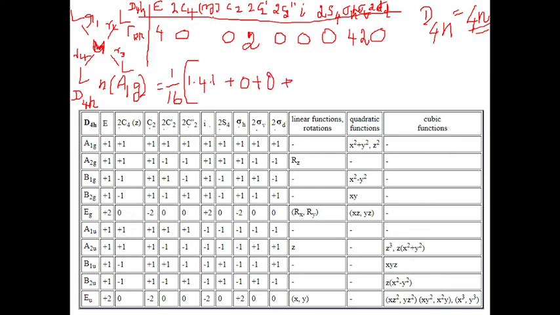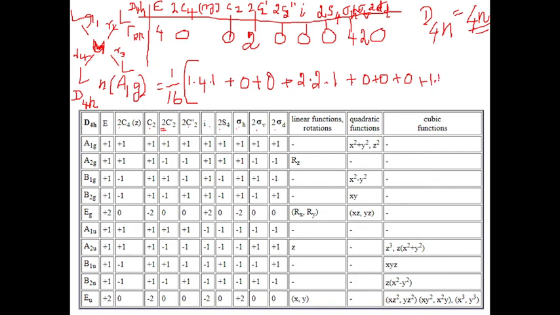Now for C2 prime, I am having 2. So 2 into C2 prime, I am having a character as 2. So 2 into here the character is 1, plus again 3 more zeros I am having. So no worry, it's much easier. Now I am having 4 for sigma h. So sigma h, what is the coefficient? 1.